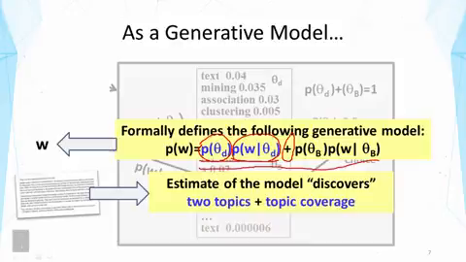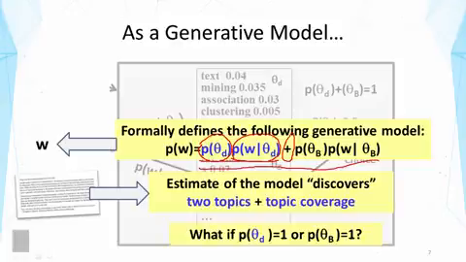Well, these are represented by our parameters. And we have two kinds of parameters. One is the two word distributions. Those are two topics. And the other is the coverage of each topic. And this is determined by the probability of theta sub d and the probability of theta sub b. Note that they sum to 1.